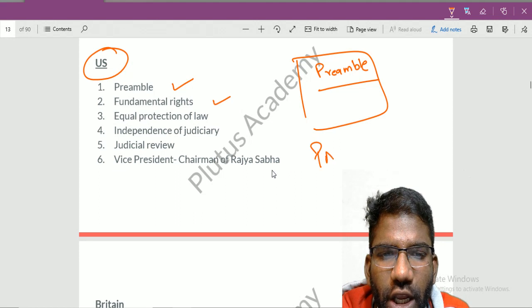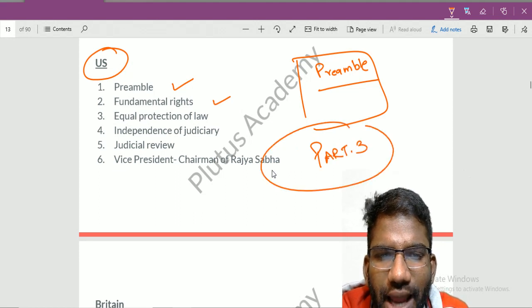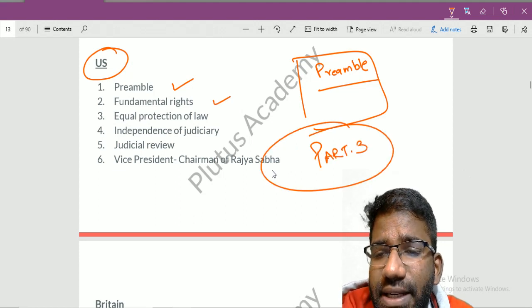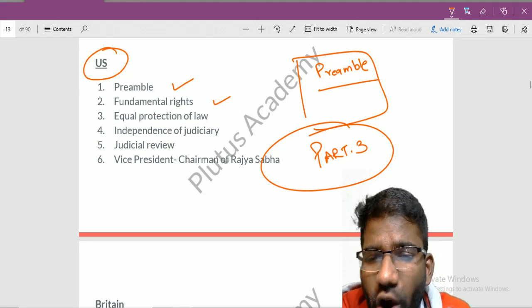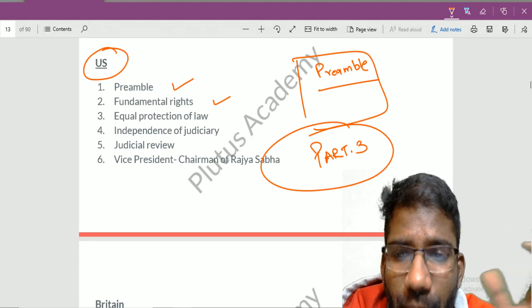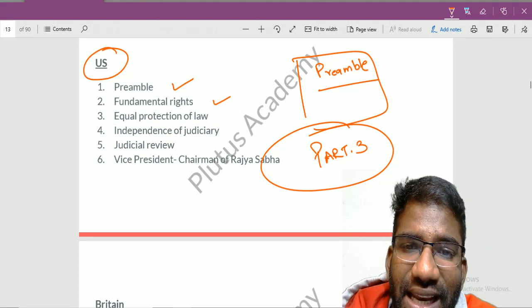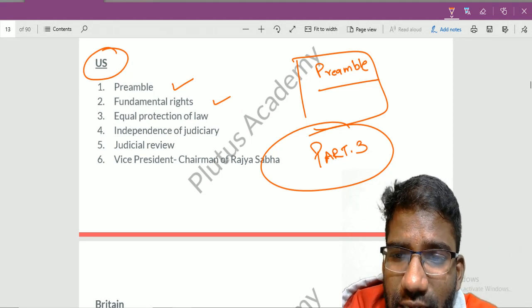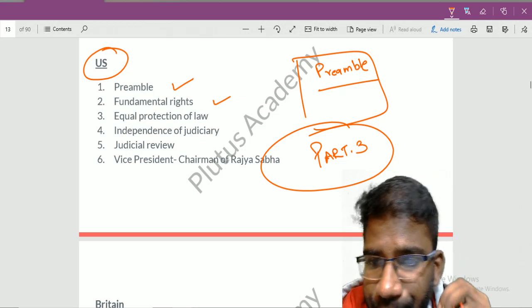Part 3 of the Indian Constitution has been taken from the US Constitution, though we have given it an Indian flavor and changed aspects as per the need of Indian society.